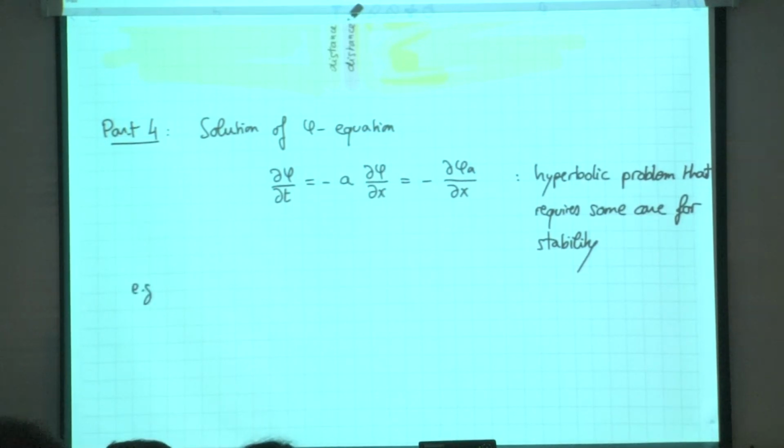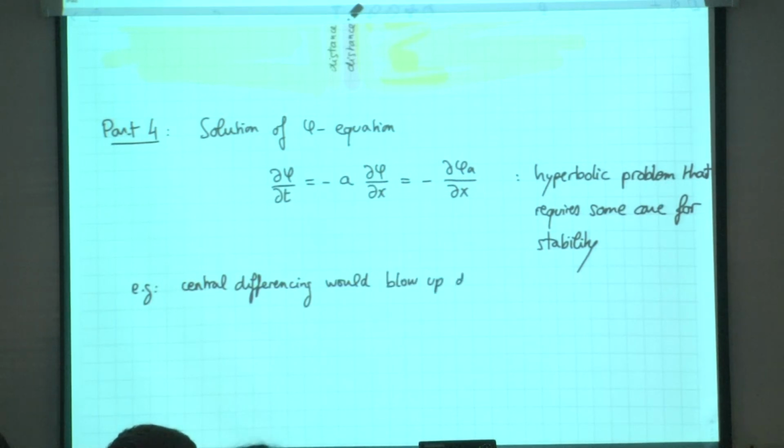So, for example, central differencing would blow up due to growing dispersion errors.